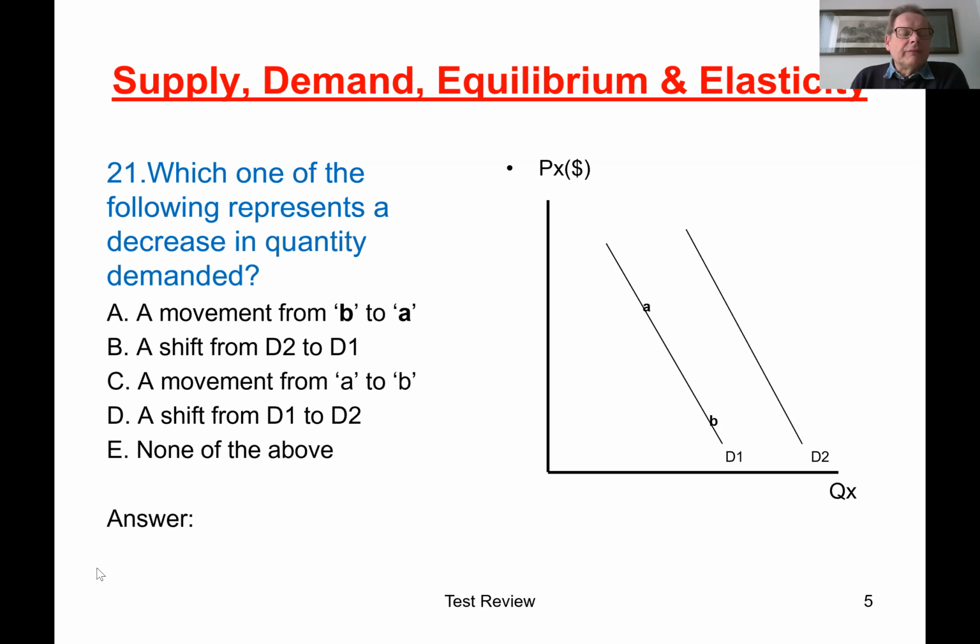Hopefully you picked option A. It's an increase in price that causes movement along the curve from A to B. A change in price causes the movement, and in this example, it's a decrease in quantity demanded.